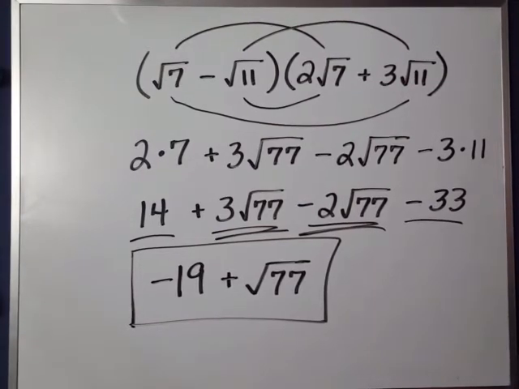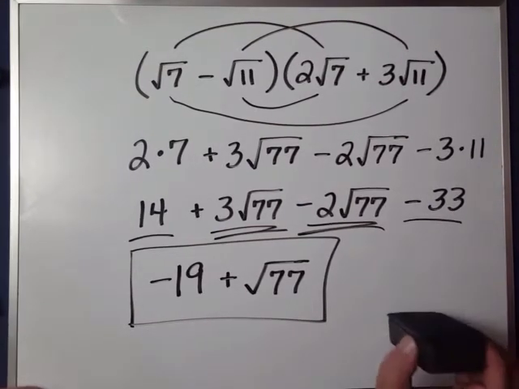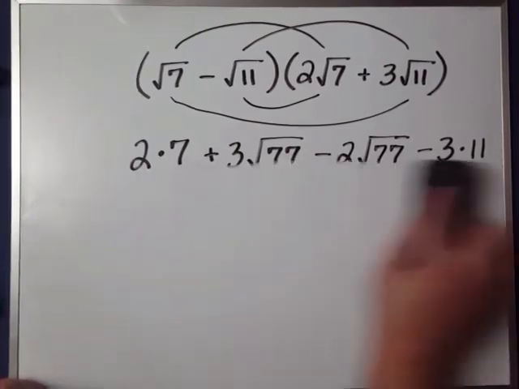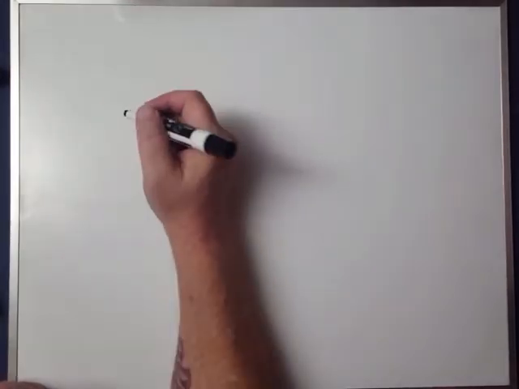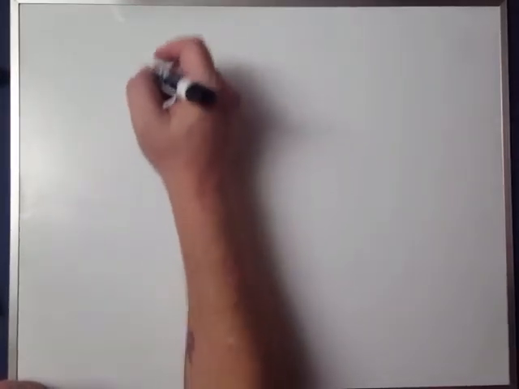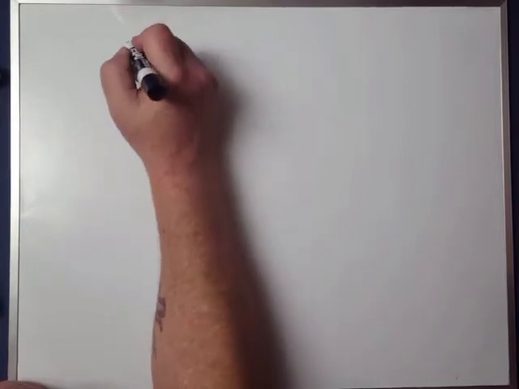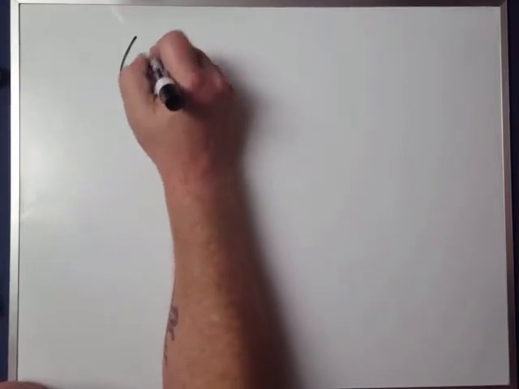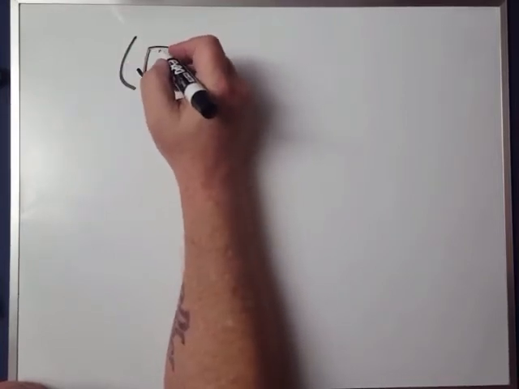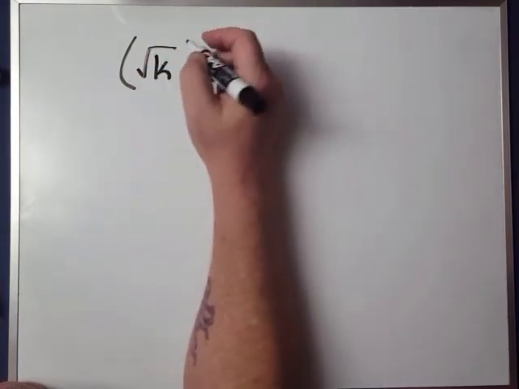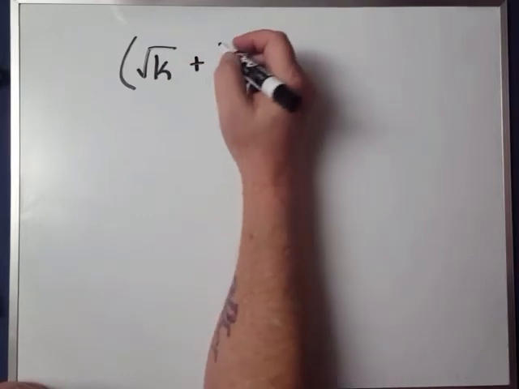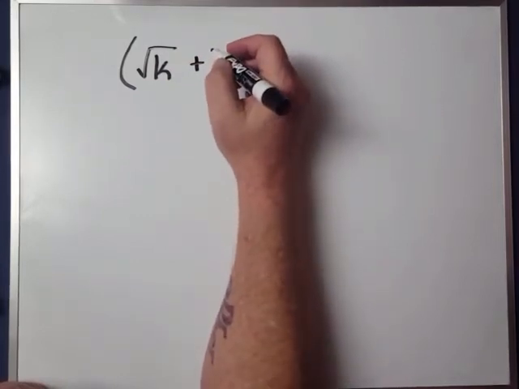All right. Let's have a look at number 34. Another FOIL problem, but this one has an interesting result. And speaking of interesting, have a glance at number 29 while I get this written up here. Number 29, you've got 2 terms times 3 terms. You're going to have to do what to work number 29?